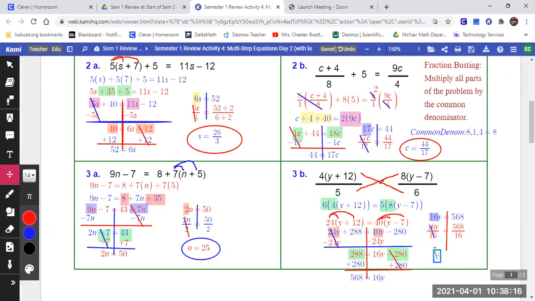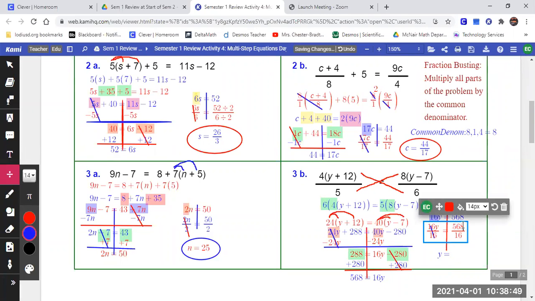What can divide into 568 and divide into 16 to make it a simpler fraction? No decimals, simpler fraction. So what numbers multiply to make 16? Does 8 go evenly into 568? Yes.